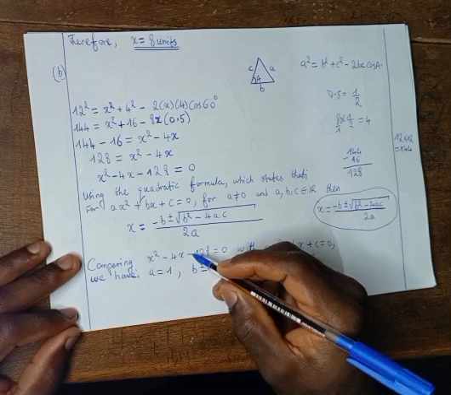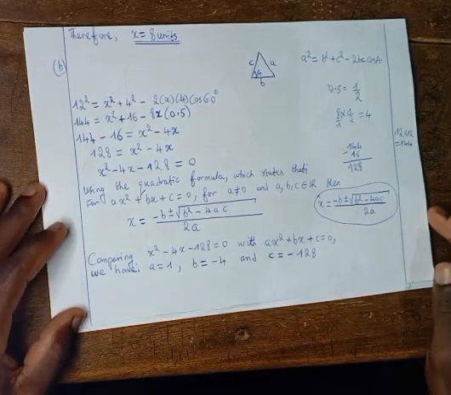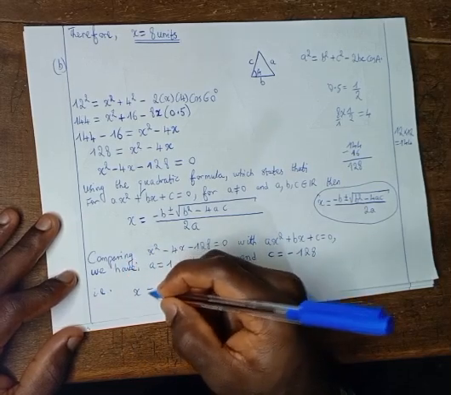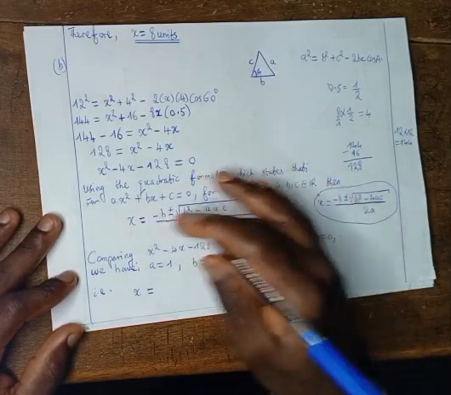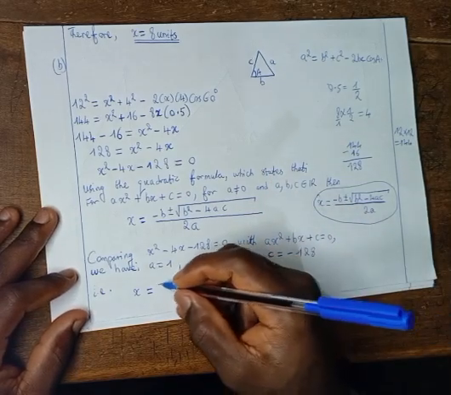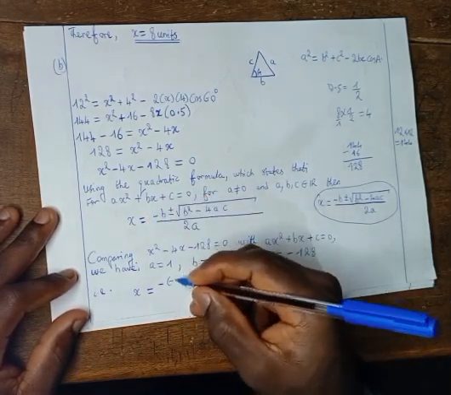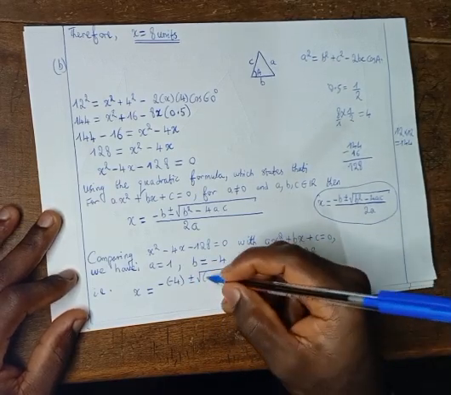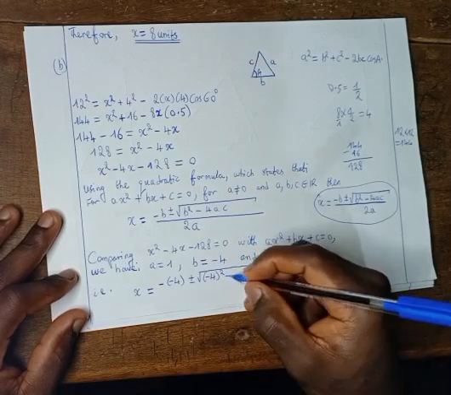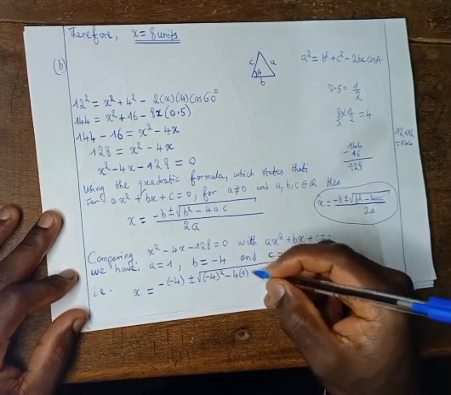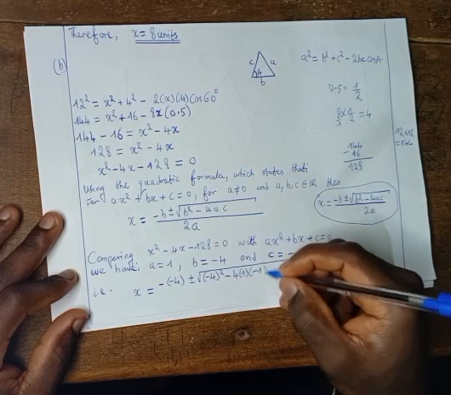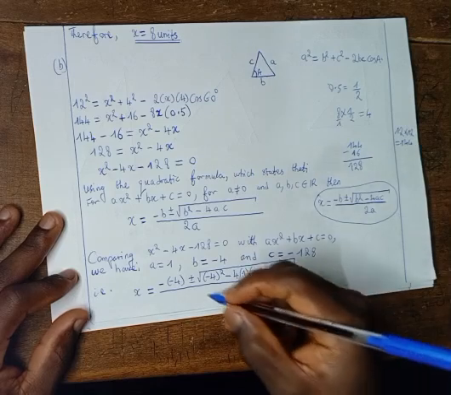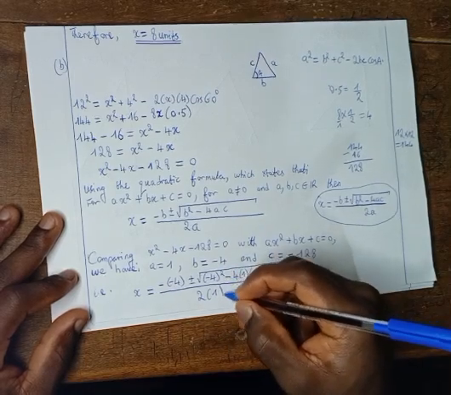Take note of the sign, we have a negative sign. So now we can make use of our quadratic formula, that is, our x will be equal to, we are going to replace a, b, and c in the formula. So this will give us negative, b is negative 4, plus or minus the square root of b, negative 4, we're going to square it, minus 4 times a is 1, times c is negative 128. Then we have to divide all through by 2 times a, which is 1.